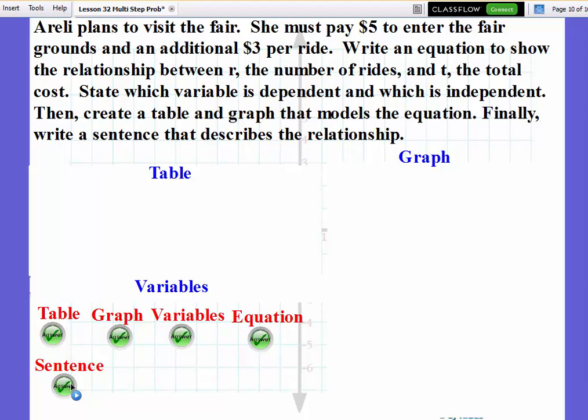When you have finished this problem, I want you to go to Socrative, and I want you to answer the questions on Socrative. Remember, on Socrative, your room number is Corbett 6. When you are done with Socrative, I want you to go on Khan Academy.